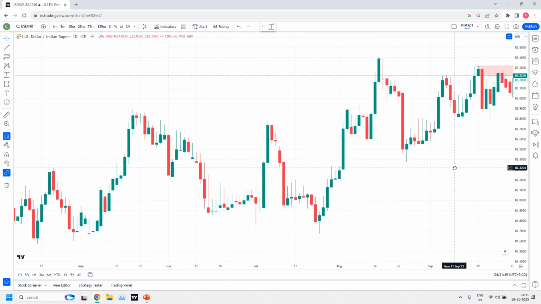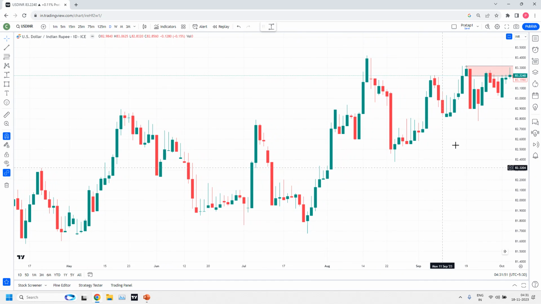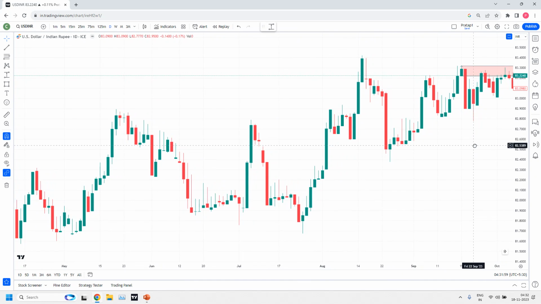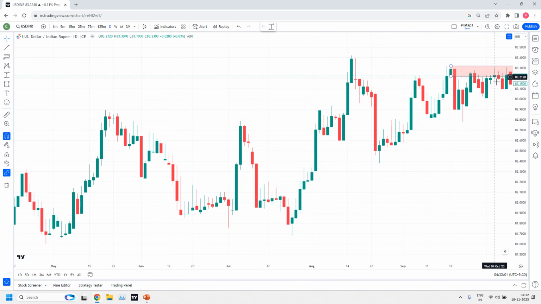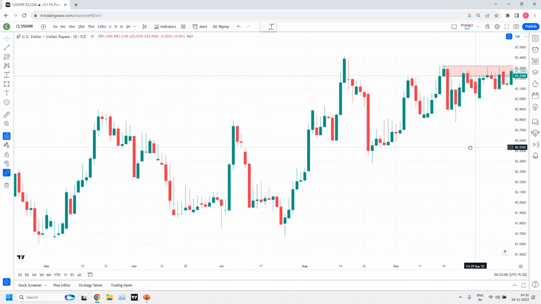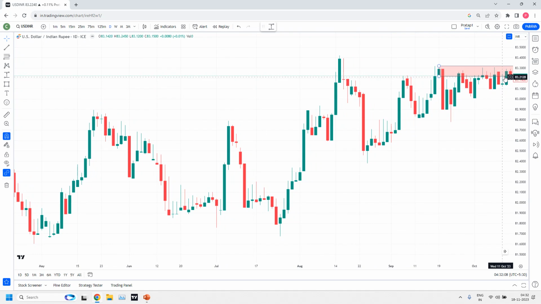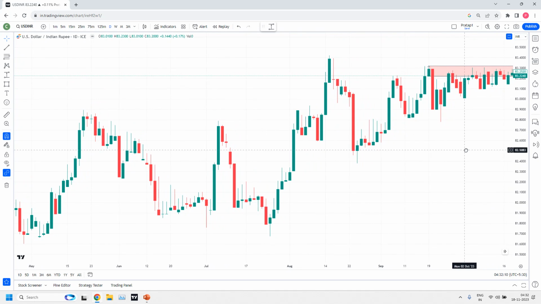See here, prices again went down. Again, prices entered into this zone. So, this is the first test. Again, this is the second test. Prices entered. Now, again came down. Again, prices entered inside. This is the third time. Again, prices came down and again went. This is the fourth time.